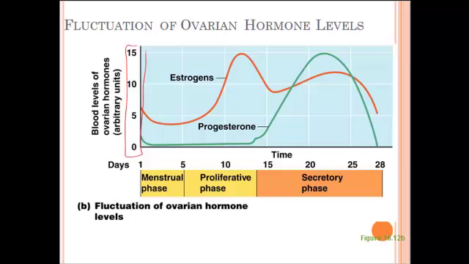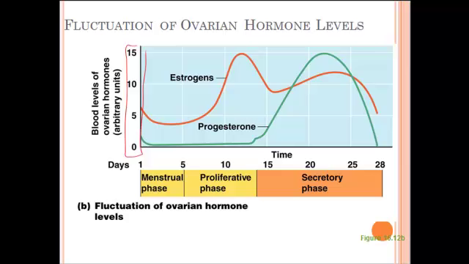The rising level of progesterone is put out by the corpus luteum. Ovulation has happened at day 14, and that egg is moving down the fallopian tubes. During that time, the corpus luteum is producing the progesterone that's telling the body to get ready for implantation and pregnancy.